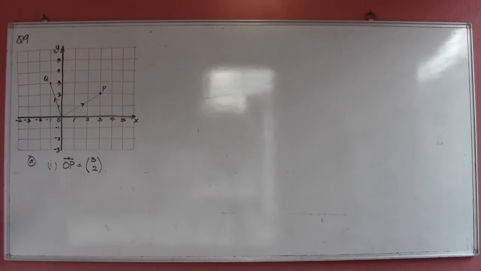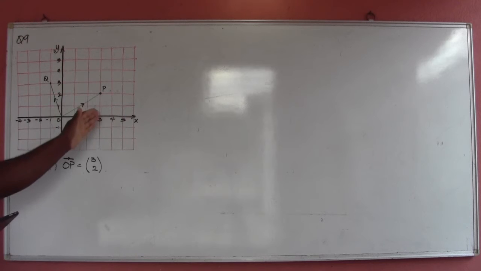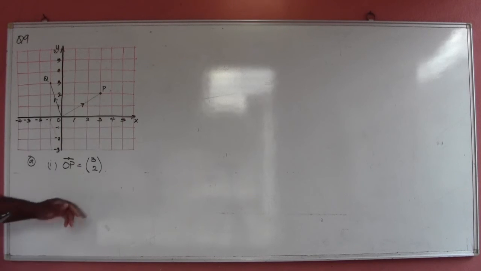Remember that the top value represents horizontal movement, and the bottom value represents vertical movement. Horizontally, if you move to the right, it's positive. If you move to the left, it's negative. Vertically, if you move up, it's positive, and if you move down, it is negative. So since we went right and up, both values are positive.